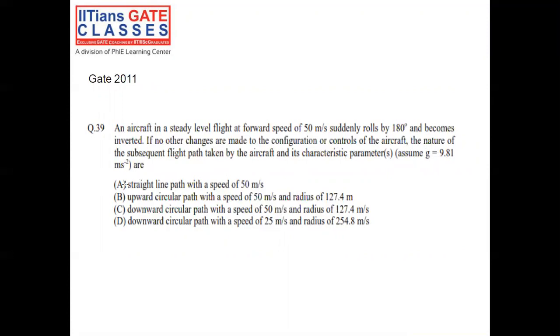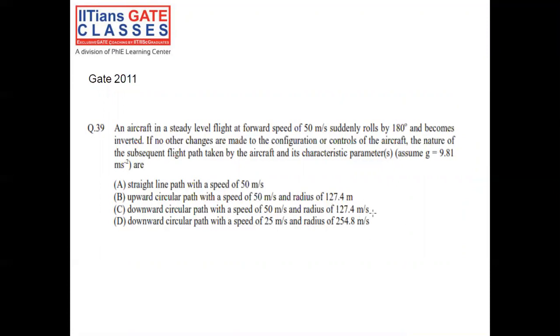Option A, straight line path with a speed of 50 meter per second. Option B, upward circular path with a speed of 50 meter per second and radius of 127.4 meter. Option C, downward circular path with a speed of 50 meter per second and radius of 127.4 meter. Option D, downward circular path with a speed of 25 meter per second and radius of 254.8 meter.